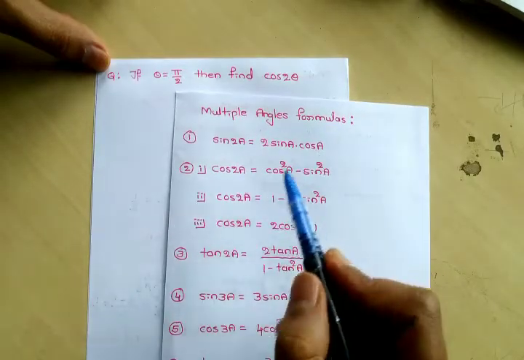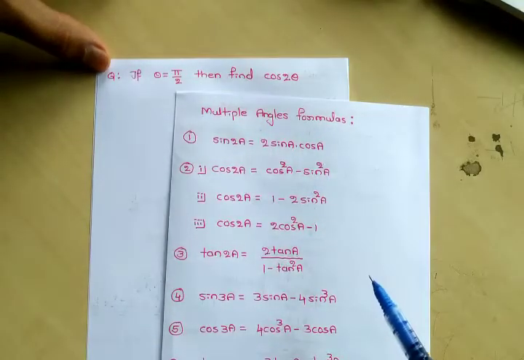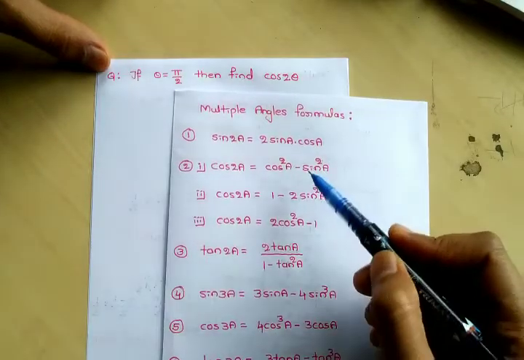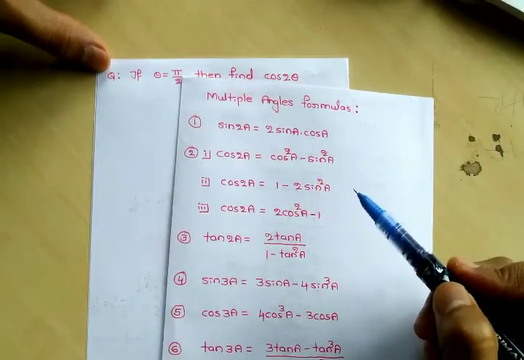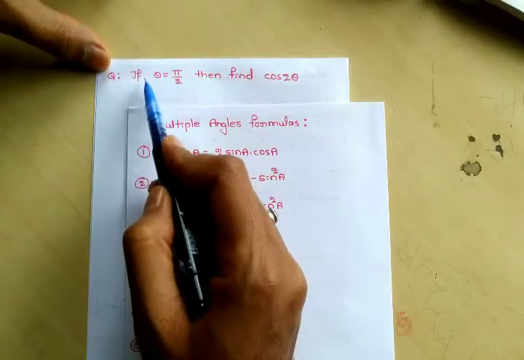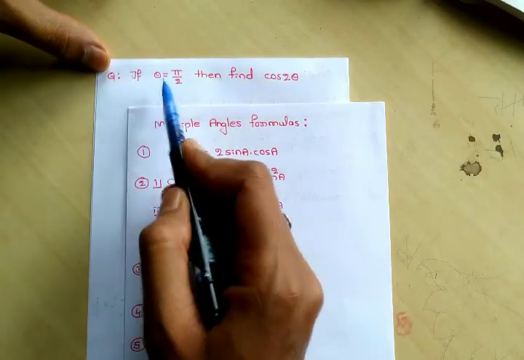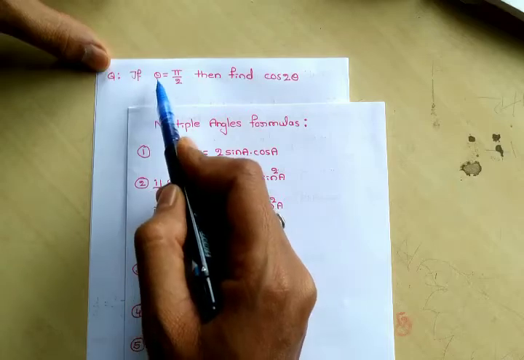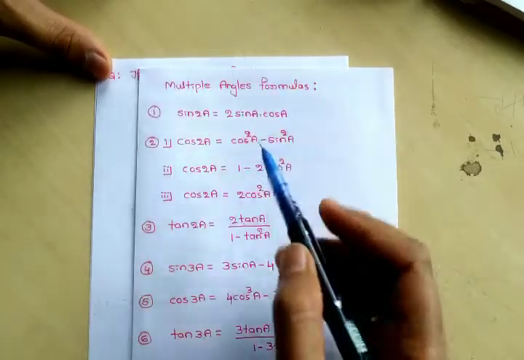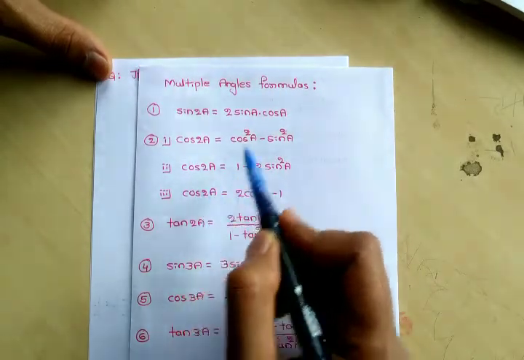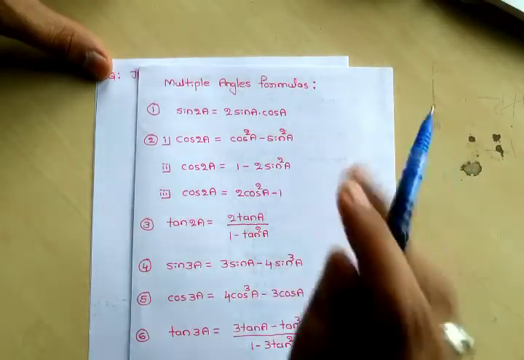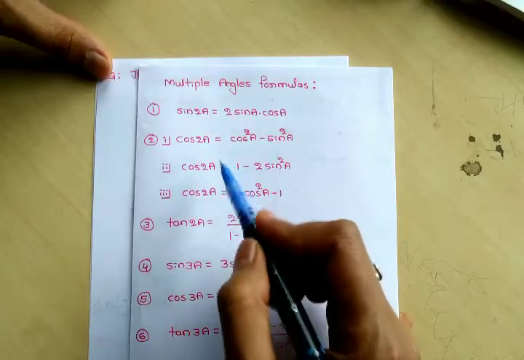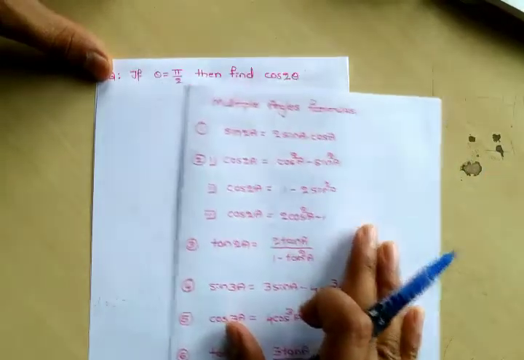So in that, which formula you are going to apply? Here you can apply all three formulas. Any one you can apply, because here they have not mentioned sine theta, they have not mentioned what here? Cos theta. Only angle is there. You can see in all three formulas angles are present. Correct? Therefore any two I am going to show you. So you can apply in these three any one formula.